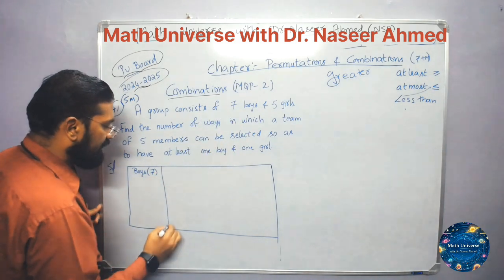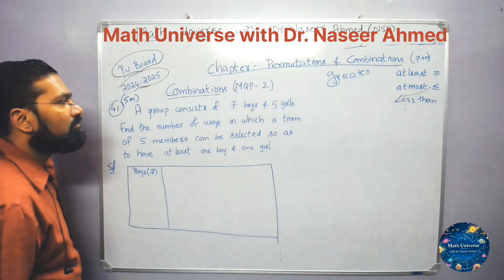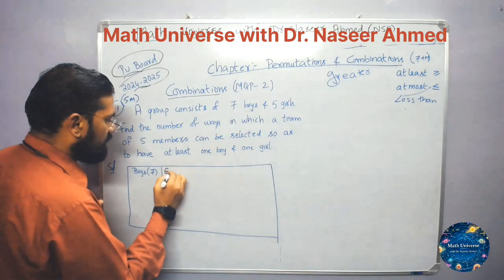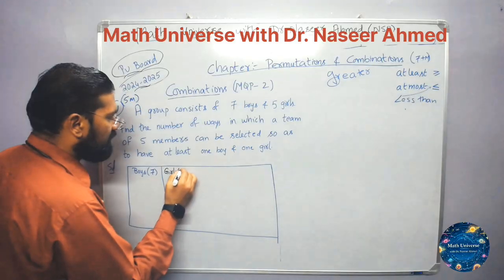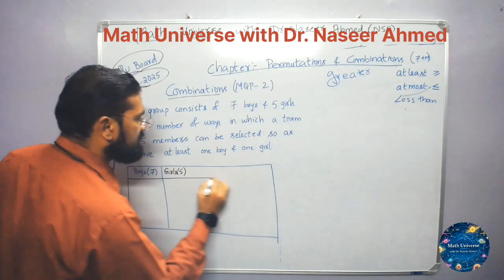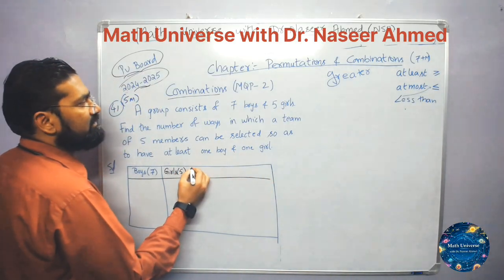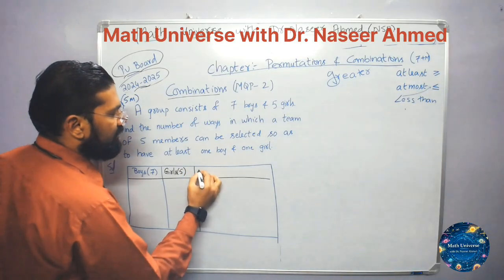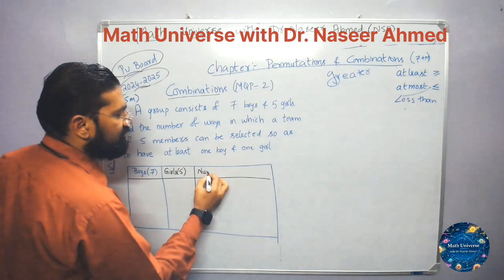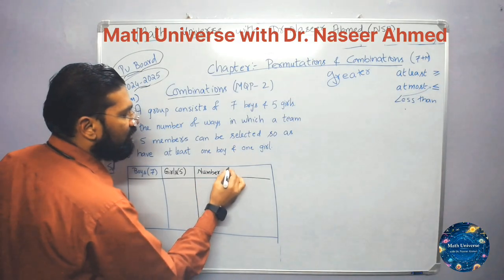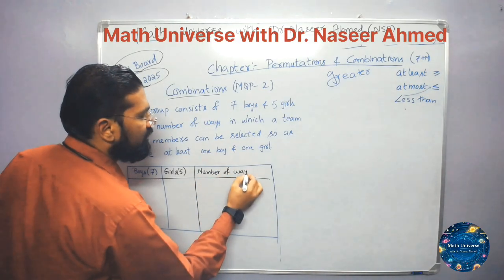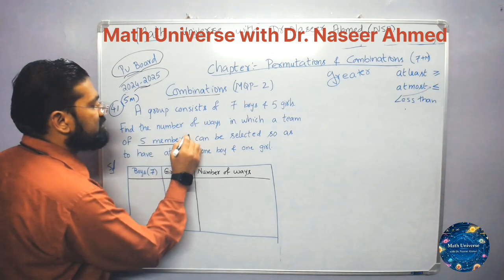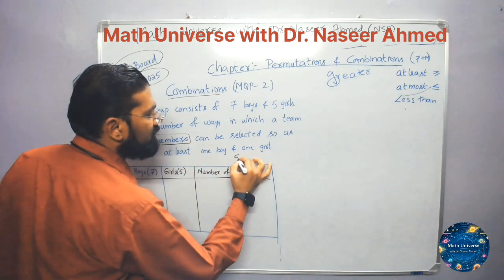How many girls are there in total? 5. So we have first mentioned the total number of boys and the total number of girls. And now we have to select, right? While selecting, let us have here the number of ways of selection. Now they want a team of 5 members, not beyond that, 5 members. Let us have it here.